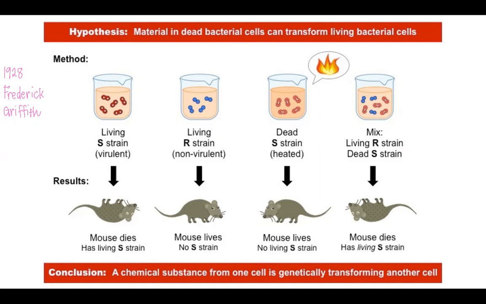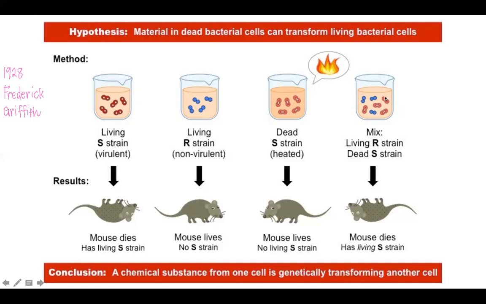So what he did was he prepared 4 cultures of pneumococcus. First culture is made up of the S strain that is alive. The second culture is made up of the R strain that is also alive. The third culture is made up of S strain heated, thereby killing the bacteria.